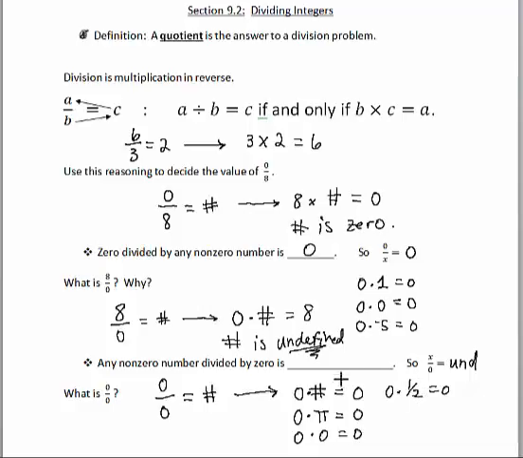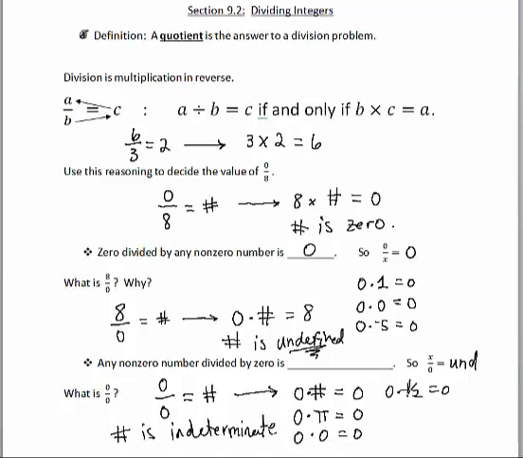Okay, and so we are actually getting the result that we want, which is different from this second situation where we couldn't get 8 no matter what. But here, no matter what we plug in for the number, the pound symbol, I'll get 0 anyway. And so we really can't pinpoint what that number is. And so we simply say this number is indeterminate. We can't determine which number that is.